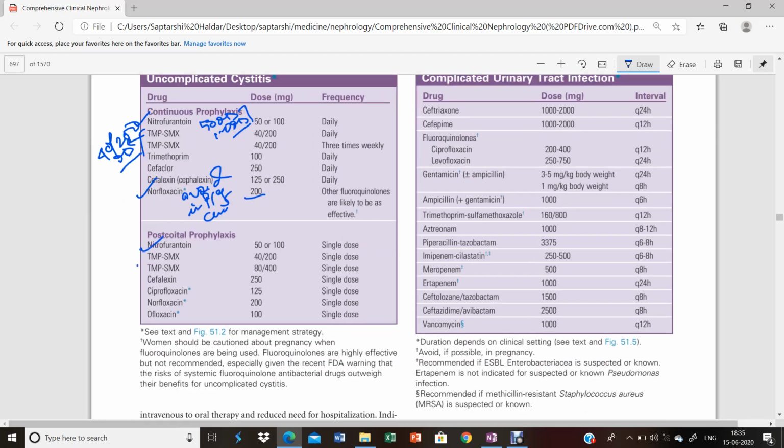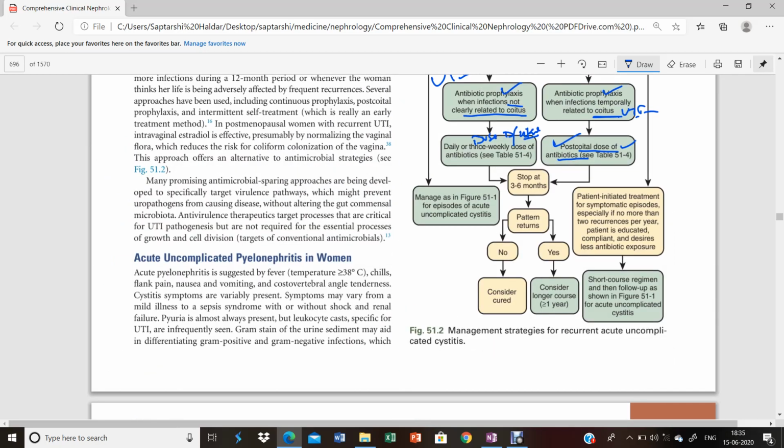We use these for 3 to 6 months, then we stop. If the pattern returns, consider treatment for greater than 1 year. If not, then no treatment is required.